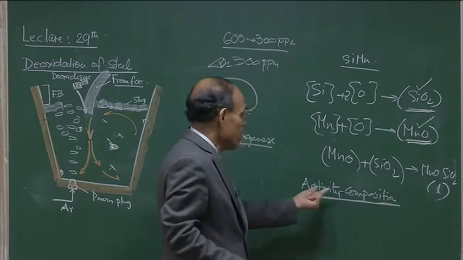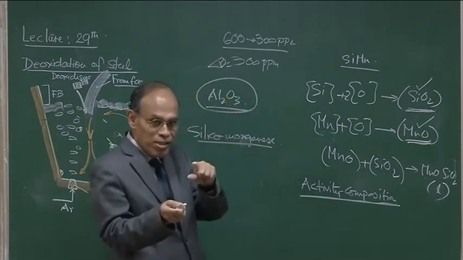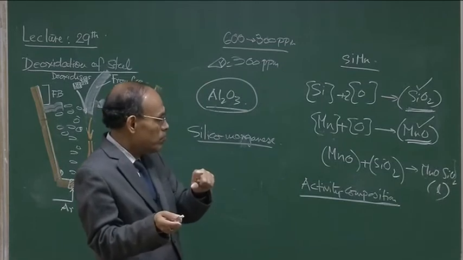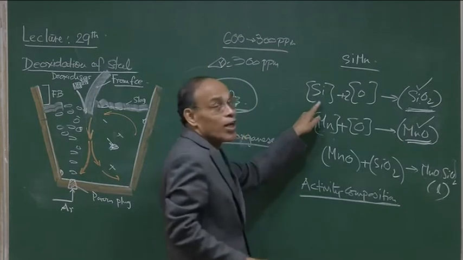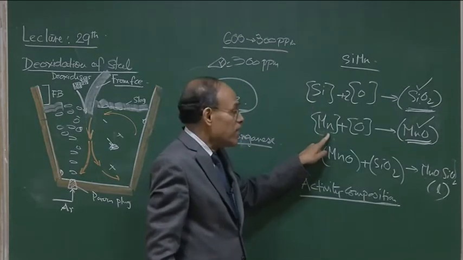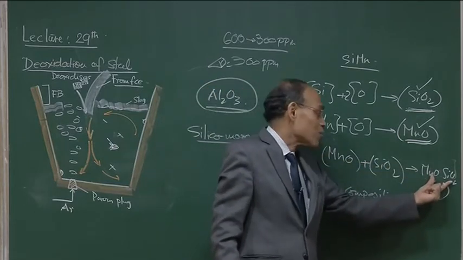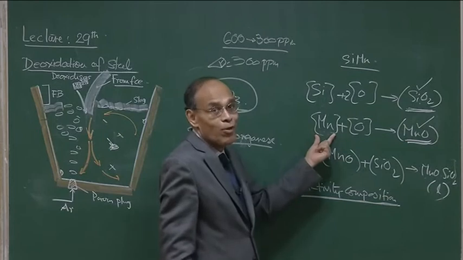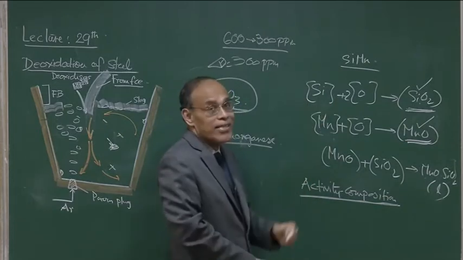Corresponding to that composition, if it is 55% SiO2, 45% MnO, what are the activities of SiO2 and MnO? Then I should be able to calculate hSi and hMn easily, and then the weight percent of manganese and silicon which has gone into steel.